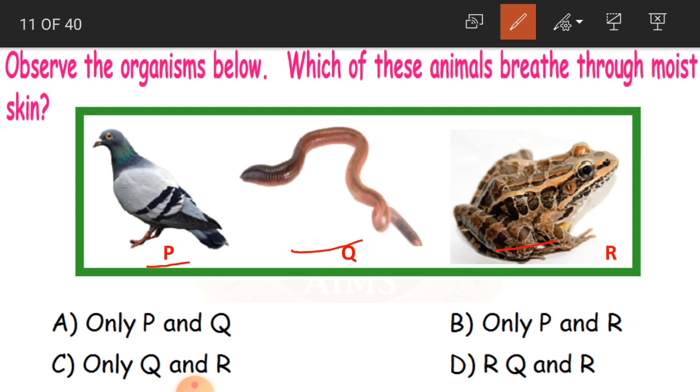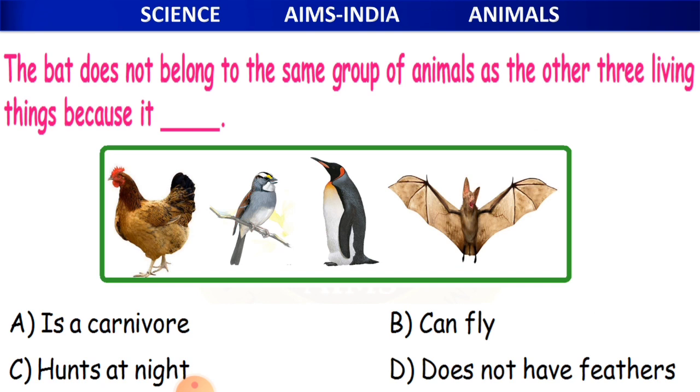Whether P, Q or R. So which one, children? Snake and frog. That is Q and R. Because their skin is moist, they breathe through their skin. So C is the correct answer. Only Q and R. We'll move on to the next question now.